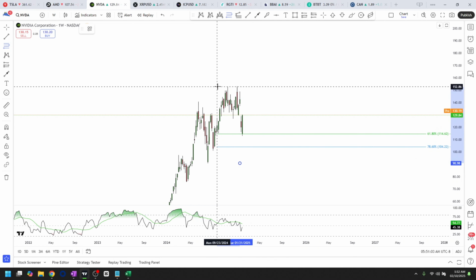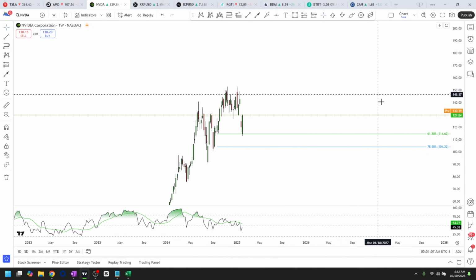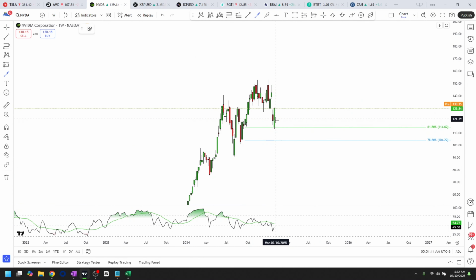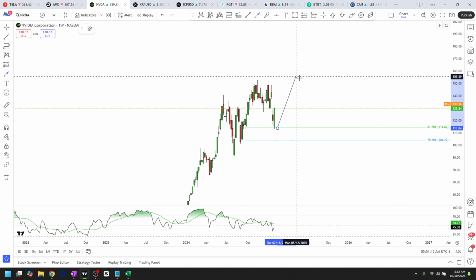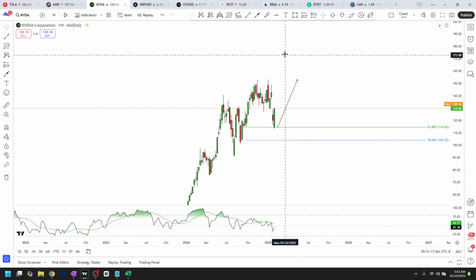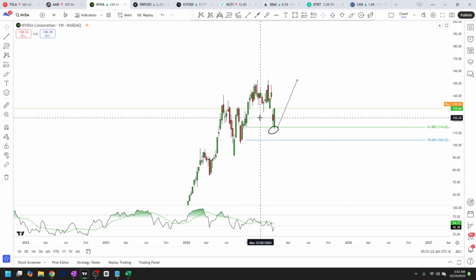And I think it was right on the golden ratio. That was why I felt more comfortable and confident in a retest of this, and maybe even continuing higher, simply because it stopped on the 618.